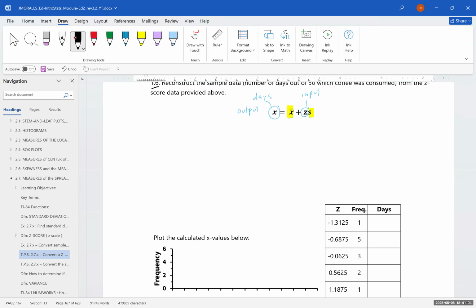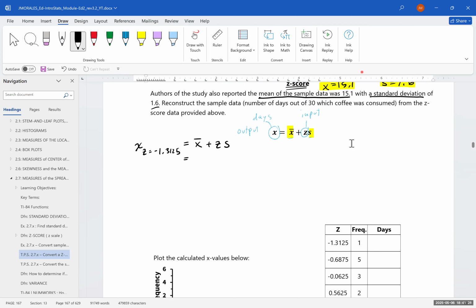Let's do one of these by hand to see how you would use this formula. We're looking for the value of x where the z-score is negative 1.3125. That's equal to x bar plus z s.